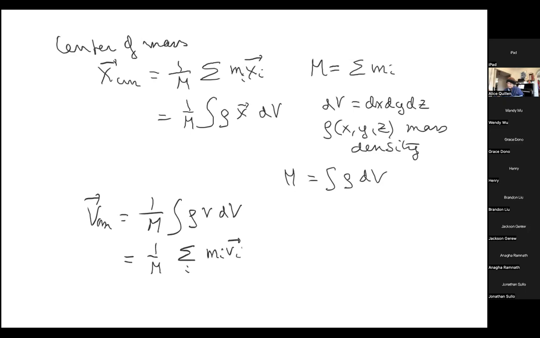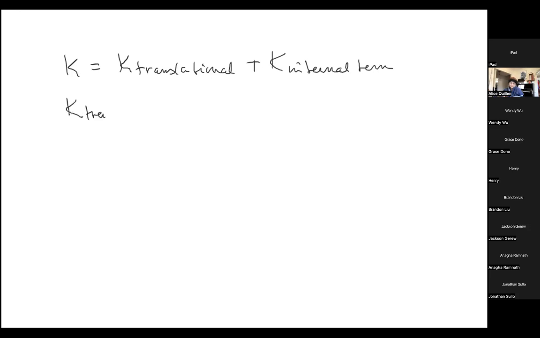Okay, so to continue reviewing, the total kinetic energy for a multiple particle system, we can write as the sum of two terms: a translational term plus an internal term. The translational term is that of the center of mass.